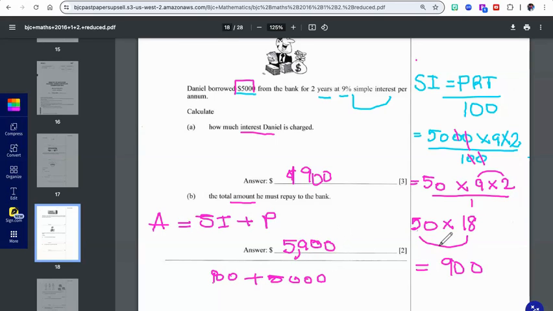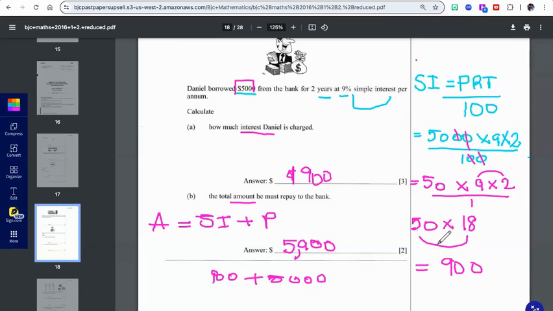So whenever you would hear your parents saying they're going to the bank to borrow some money, the bank gives them a certain time to pay this money back. And you have to pay a certain percentage as well. So 9%, they would have 2 years, they would get their $5,000. But when it's time to pay this back now, they're not just going to pay back the $5,000. They're going to pay also that $900.